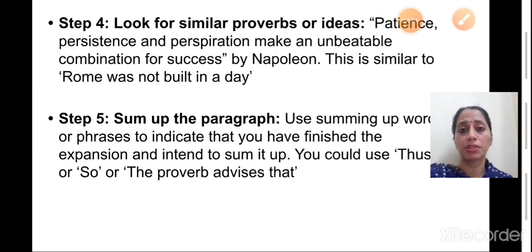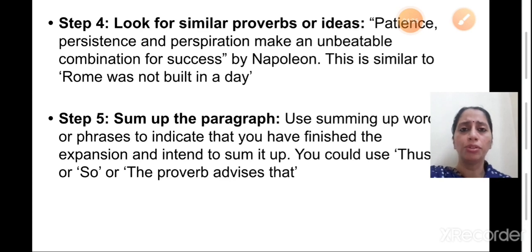Step 5 is to sum up the paragraph. Now we are moving towards the end. How do we conclude? You are going to use summing up words or phrases to indicate to the reader that you have finished the expansion of the proverb and now you are planning to sum it up.